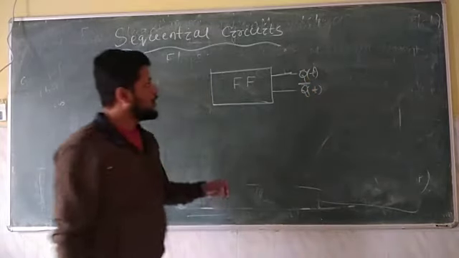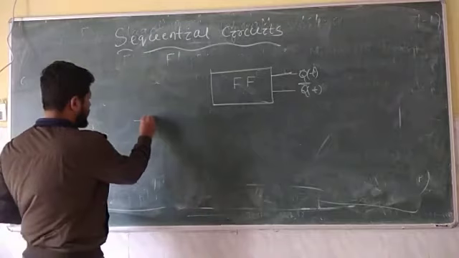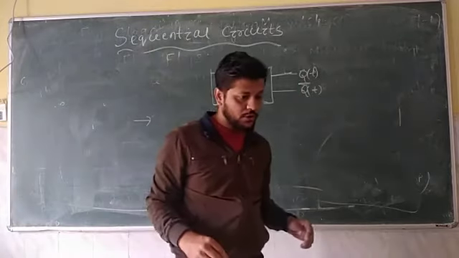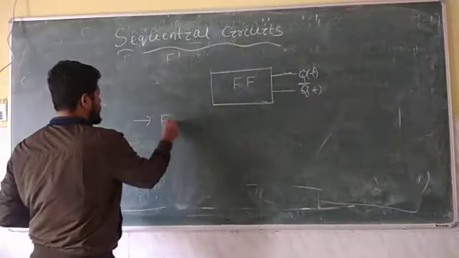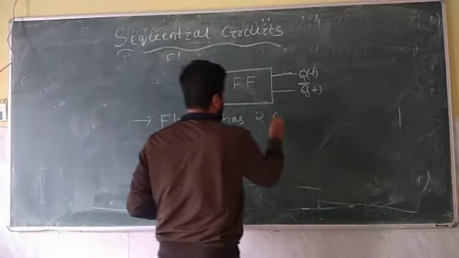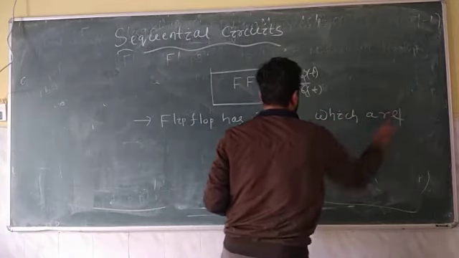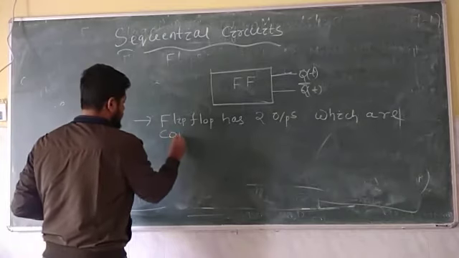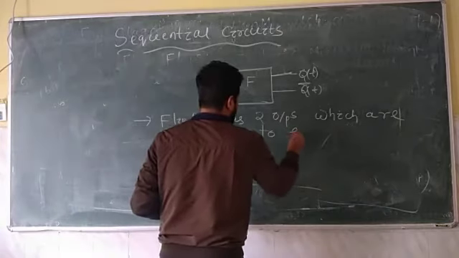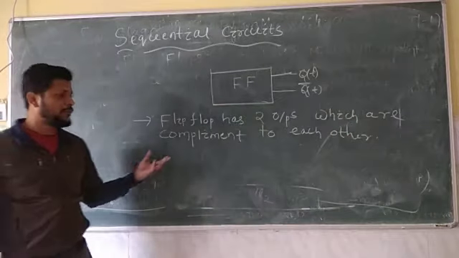It has two outputs, Q and Q bar, where Q bar is the complement of output Q. So a flip-flop has two outputs which are complement to each other.